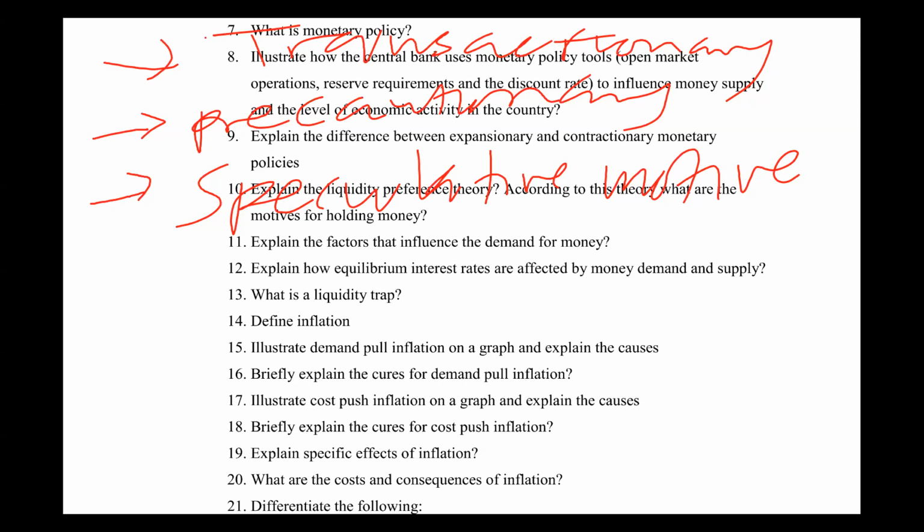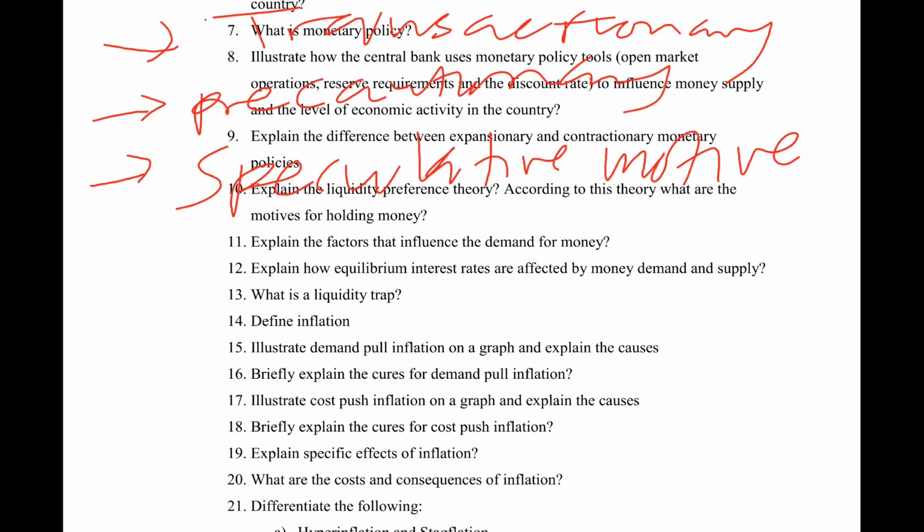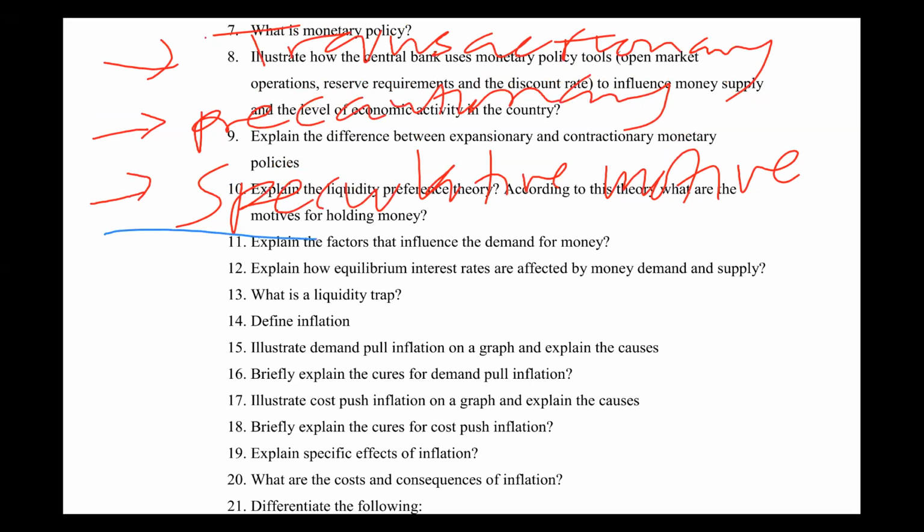To start with, let's start with the transaction motive. The transaction motive states that people want to hold money, like an amount of cash, to meet the day-to-day transactions, for buying things.